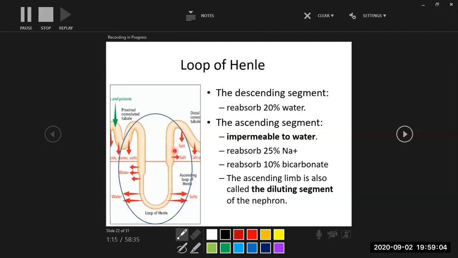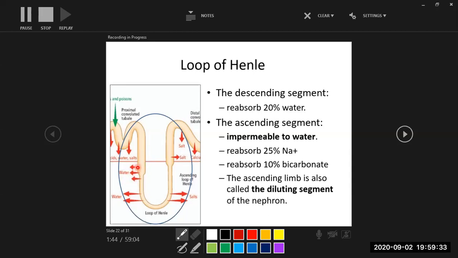So what's the difference then? When they reach down to the salty area, here is the high salt area, and here is permeable to water. It provides the force to attract water into our body. So that is very important, to reabsorb additional water to our body.